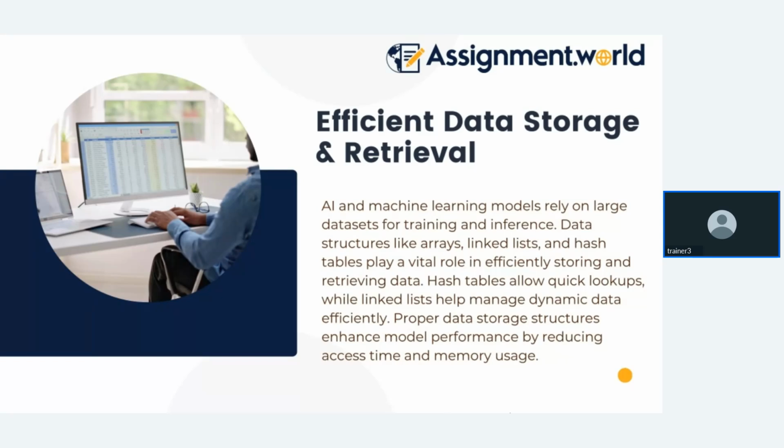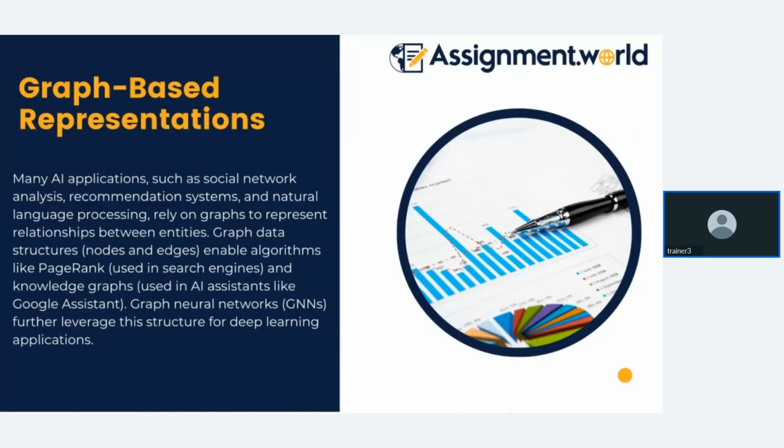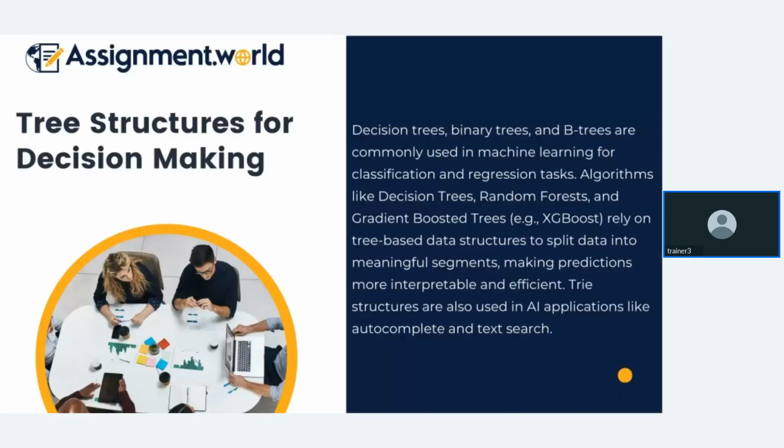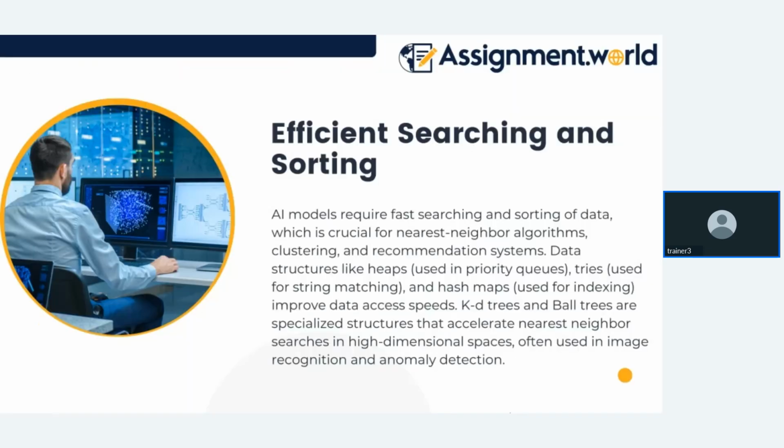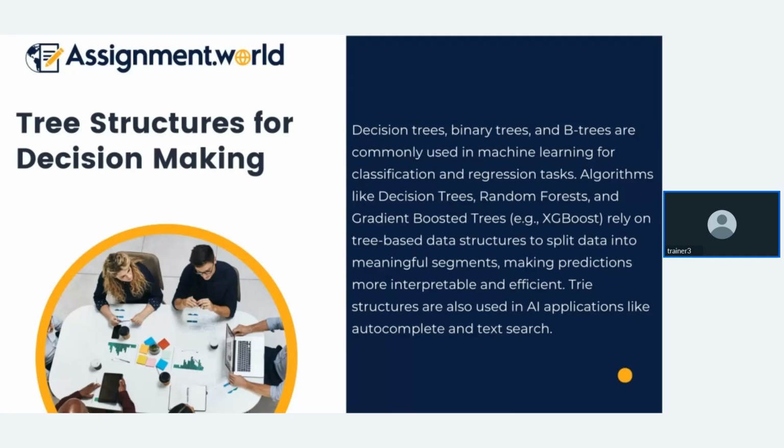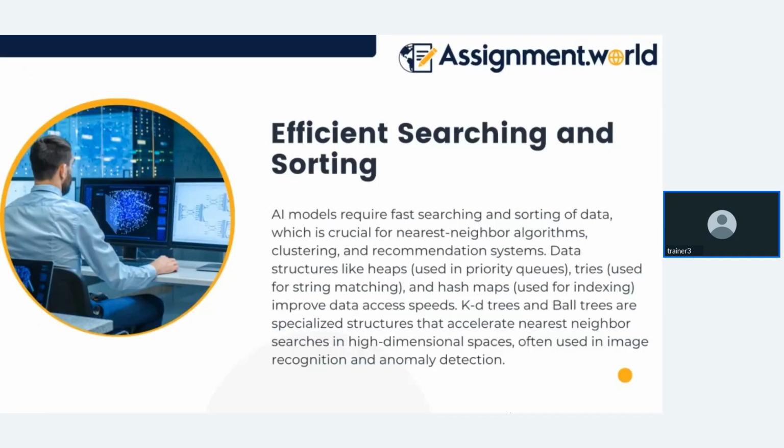The first point, why we use data structures and algorithms in AI. It is efficient to store the data, and modify or retrieve the data whenever it is necessary. Another thing, it allows graph-based representation, tree-based decision making, and efficient searching and sorting algorithms.